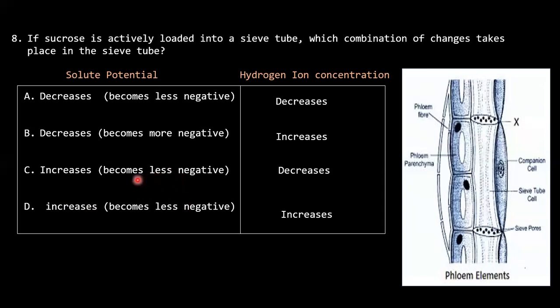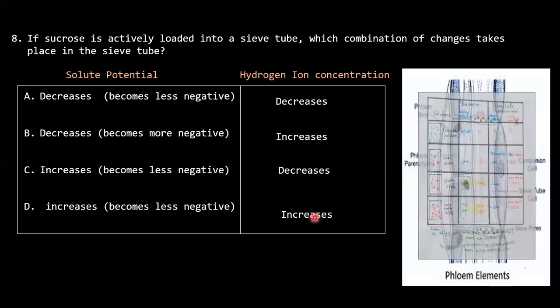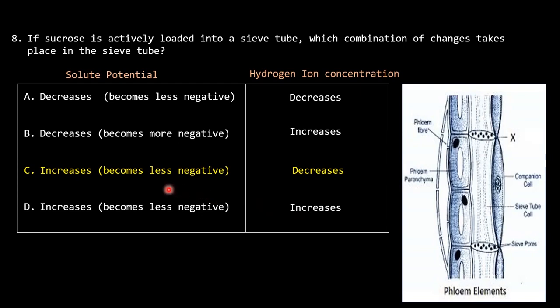But when solute potential increases, will the hydrogen ion concentration in the system increase or decrease? Here we have hydrogen ion concentration decreases. Here we have hydrogen ion concentration increases. Which one will you choose? Let's go and choose the right one. These two say solute potential decreases as solute is moved in. It's wrong.